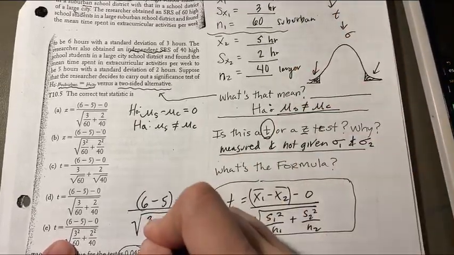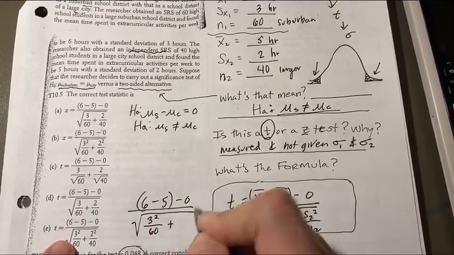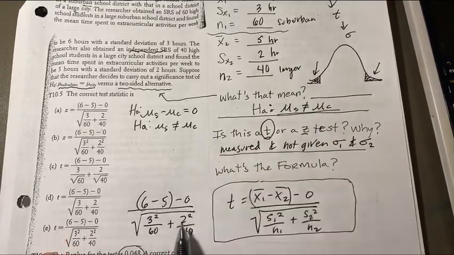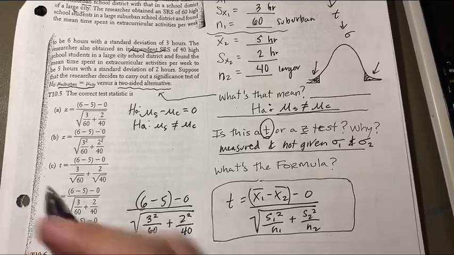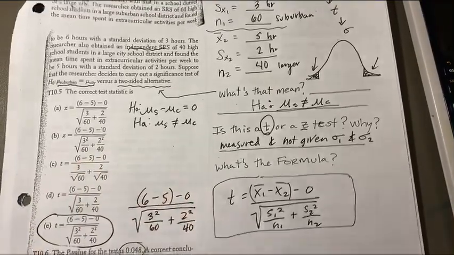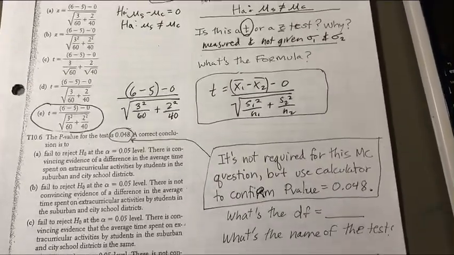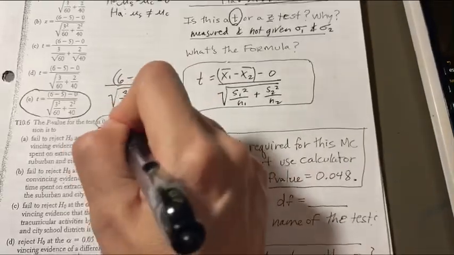My standard deviation of group 1 squared over N1 plus my standard deviation of group 2 squared over N2. Looking to see which one matches, it looks like that's a perfect fit for E. Cool, right?